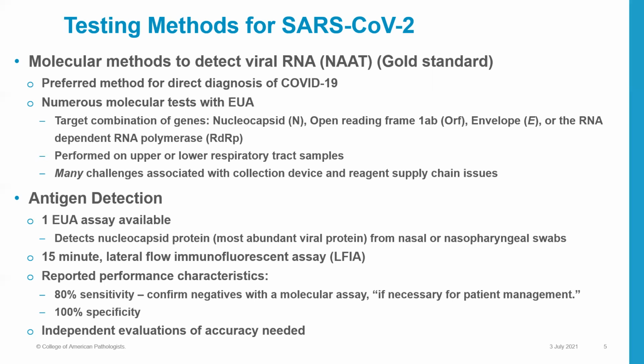This is essentially a quick point of care test and uses the lateral flow immunofluorescent assay platform. It is reported to have a relatively acceptable sensitivity of around 80% and 100% specificity, although several independent evaluations of accuracy are still needed.